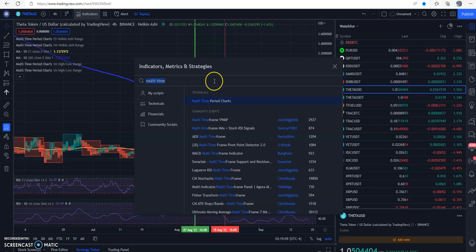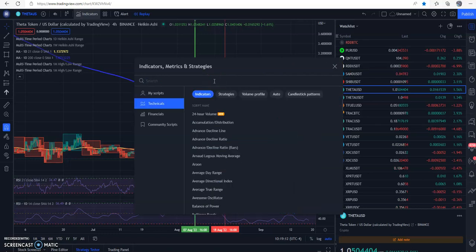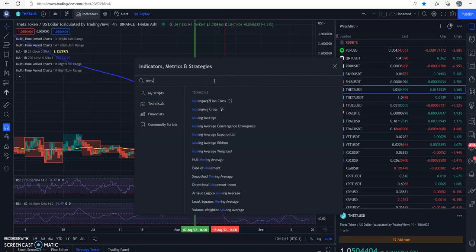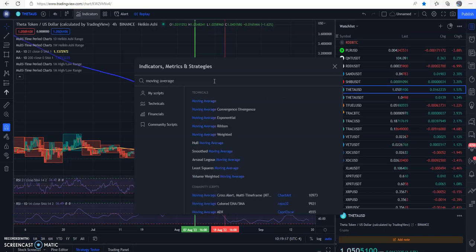Well, you know what, let's go ahead and do the moving average. This is one of the things that really helped me, being able to look at one chart but have multi-time frames on that one chart. Then I'm not flopping back and forth and having to see where I'm at on the daily and then the weekly and then the 4-hour.